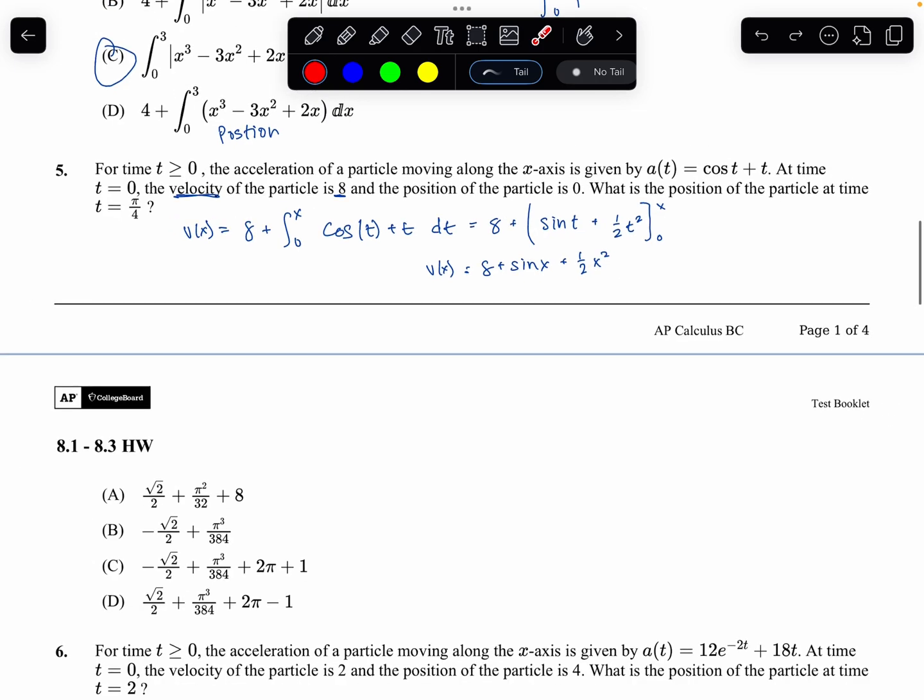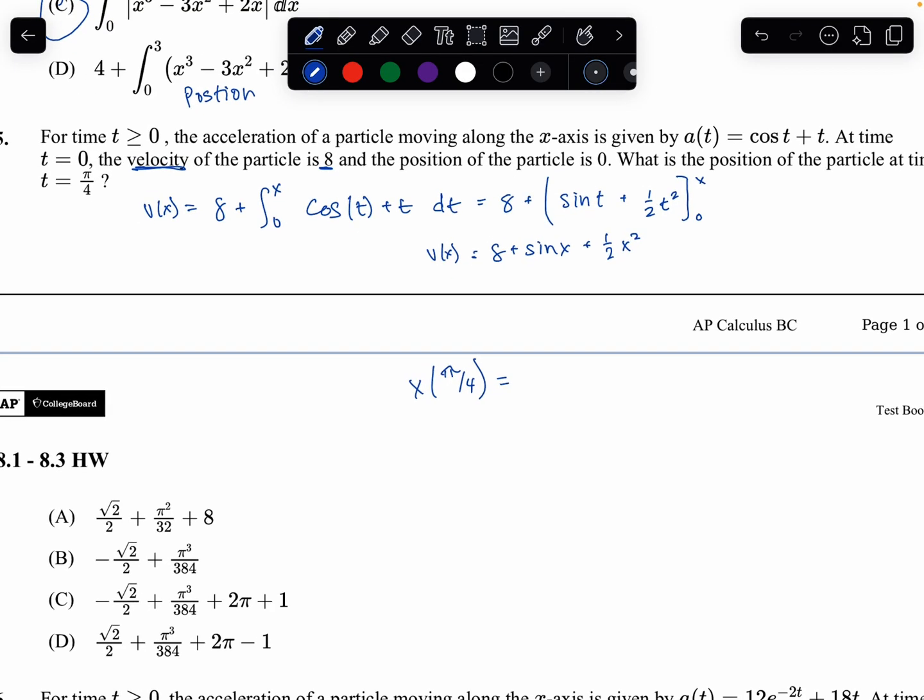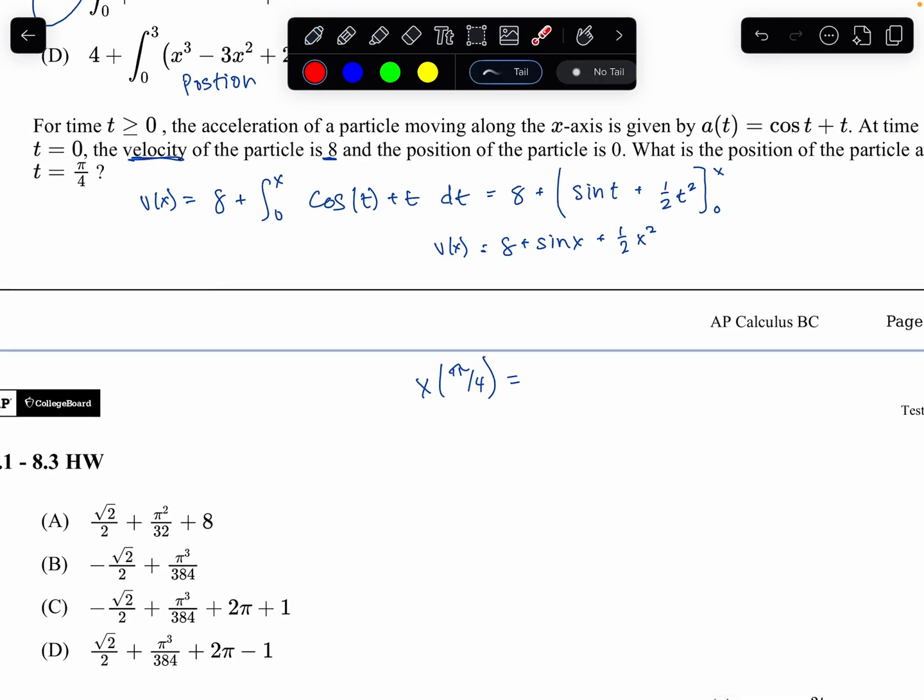Now what is the position of the particle at t equals pi over 4? So if I want position, I think I can do x of pi over 4. And that's going to be equal to, well, we have the position at 0, which is 0.